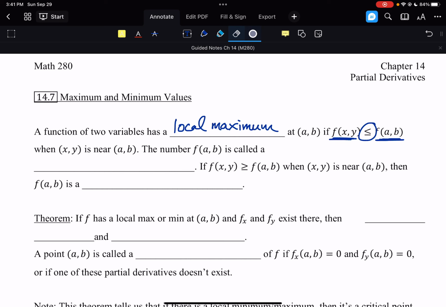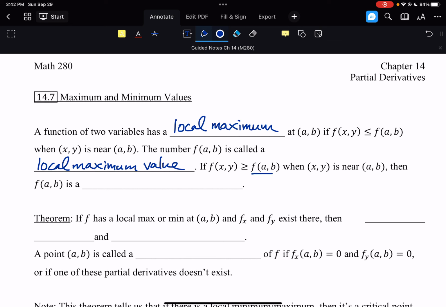Okay, so the output at (a, b) is larger than the outputs around it. That makes it a maximum, a local maximum. And the number f(a, b), whatever that output is, is called the local maximum value. So the maximum occurs at (a, b). The value is f(a, b).